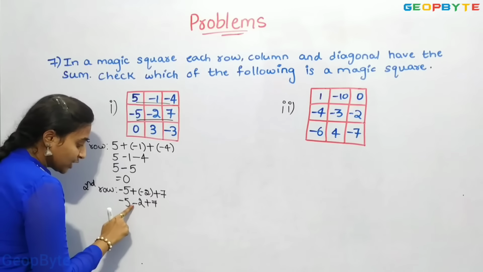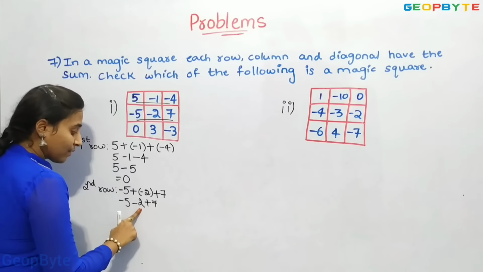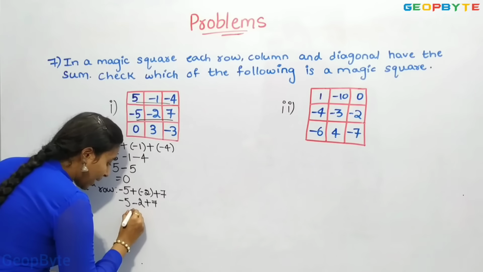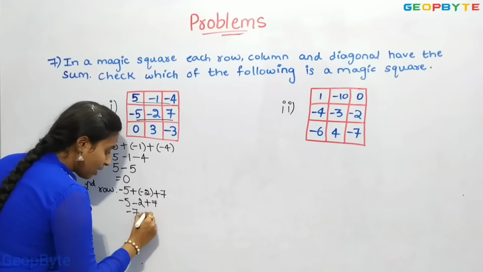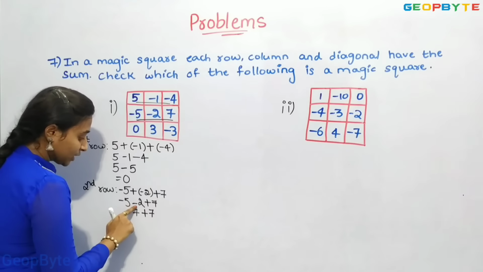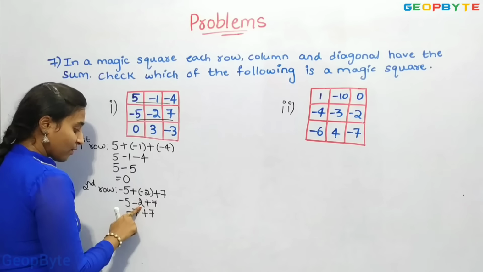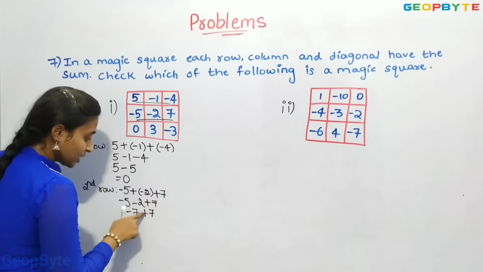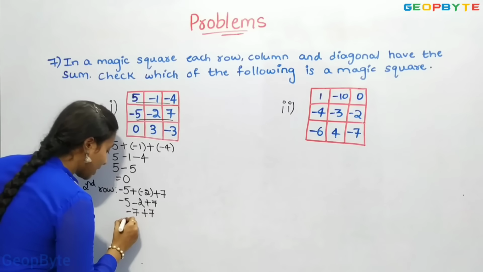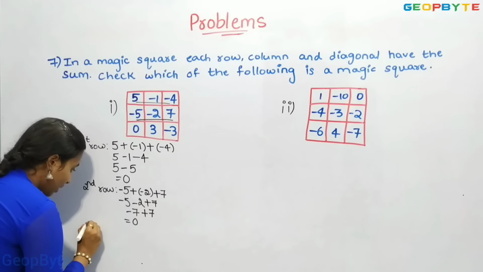Now minus into minus, plus 5 plus 2, 7, but minus 7 as we have to minus and here plus 7. Minus 7 plus 7, 0. Now let us see third row.